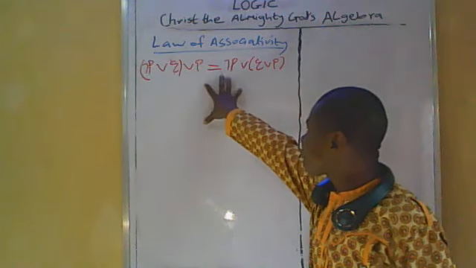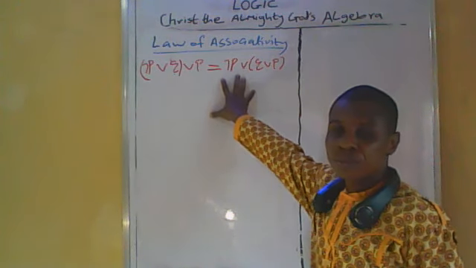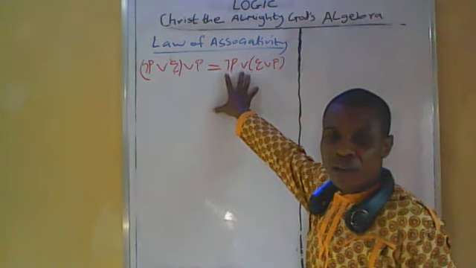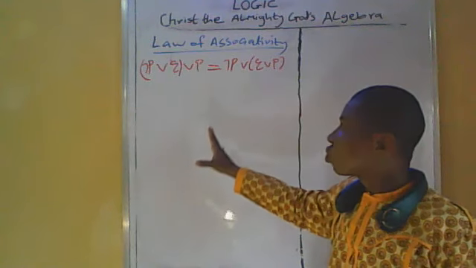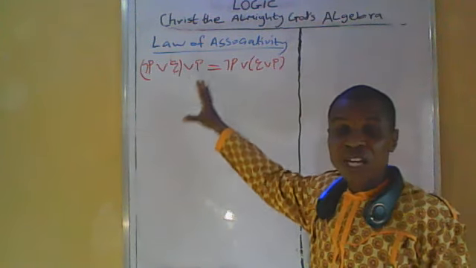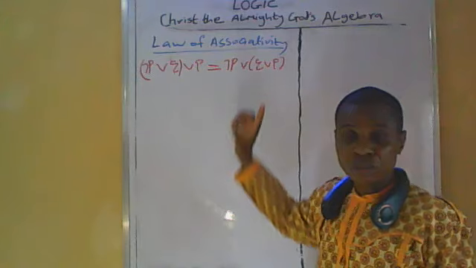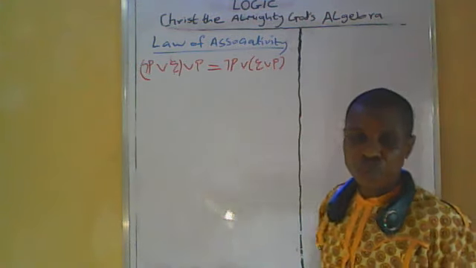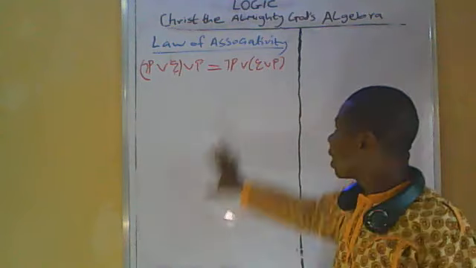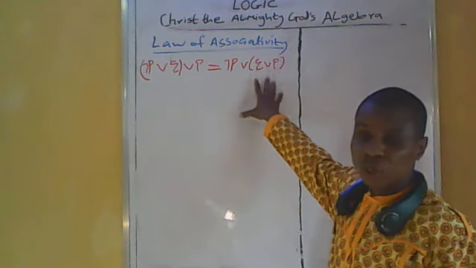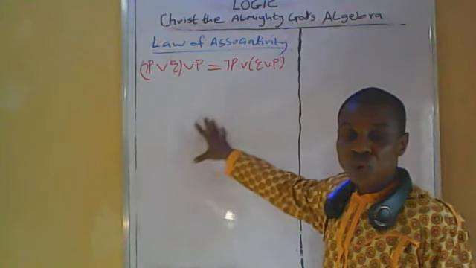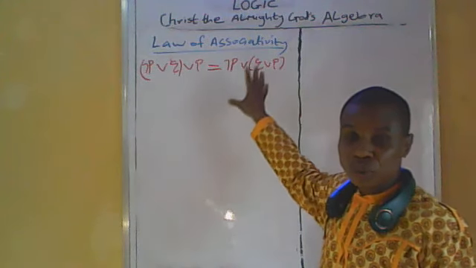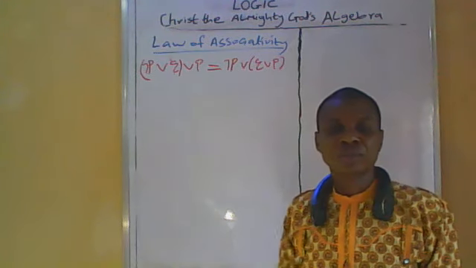They are logical equivalent. This equation is logical equivalent because whenever the left hand side of the equation is true, also the right hand side of the equation is also true. Vice versa, whenever the left hand side of the equation is false, also the right hand side of the equation is also false.